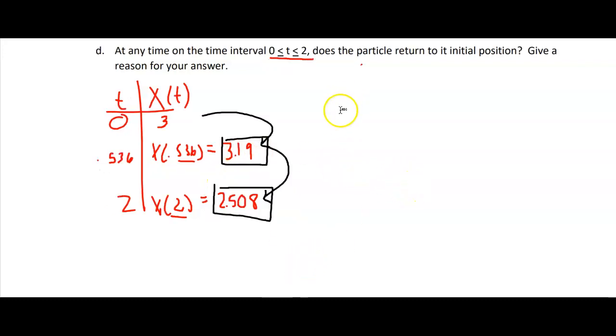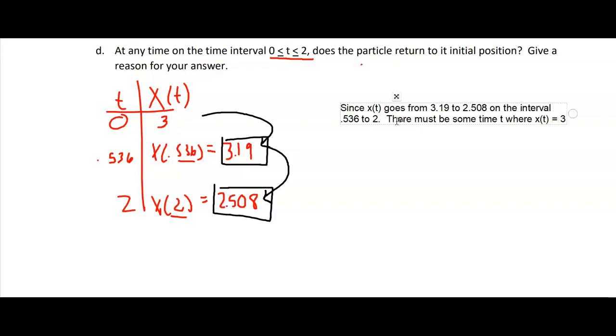So what we would say here is, since x goes from 3.19 to 2.508 on the interval 0.536 to 2, that's the t values over here, there must be some time t where x of t equals 3 on that interval.